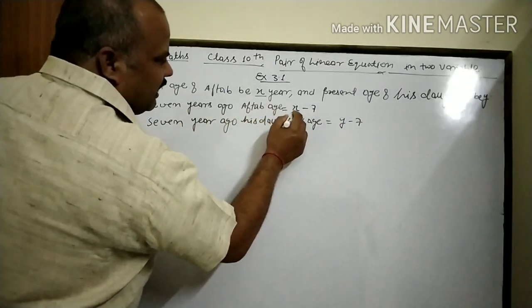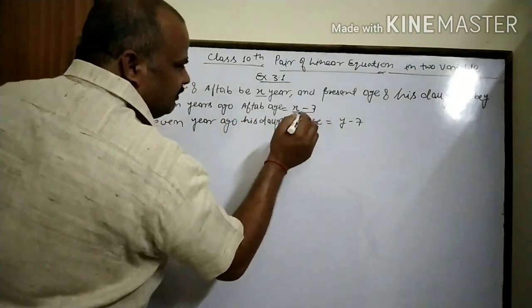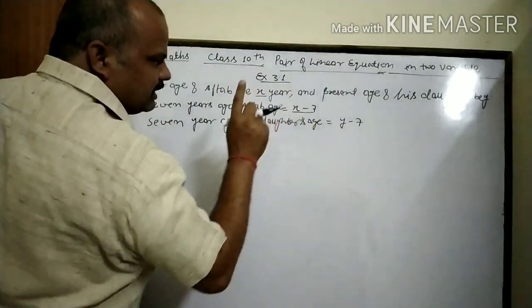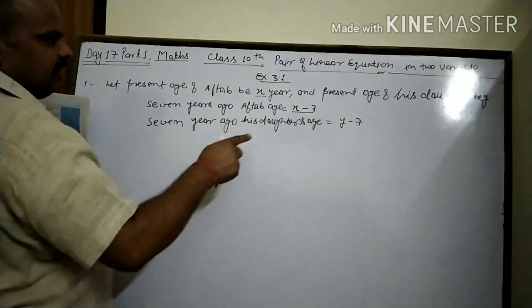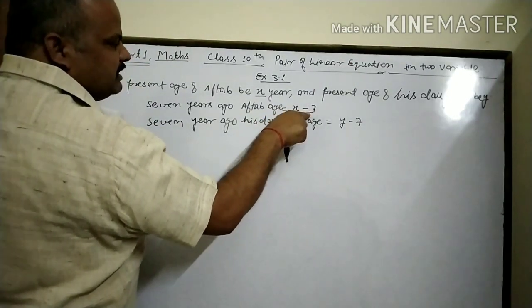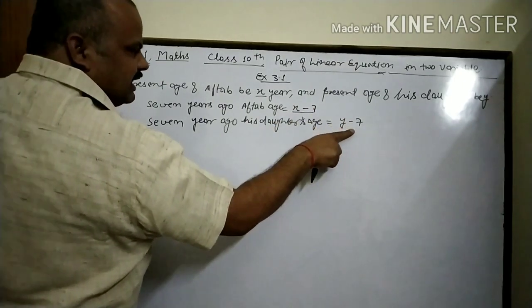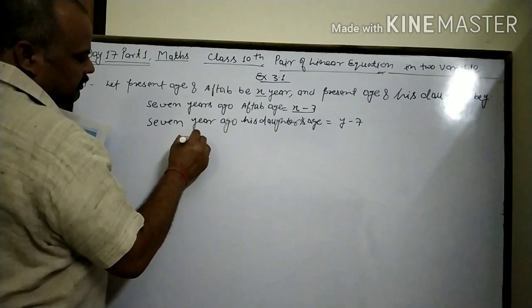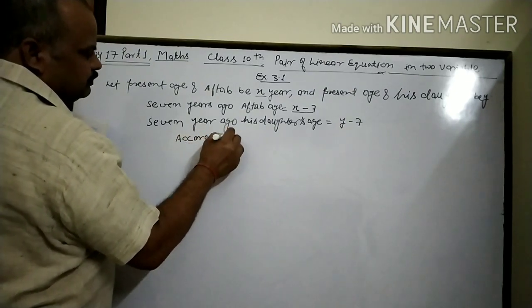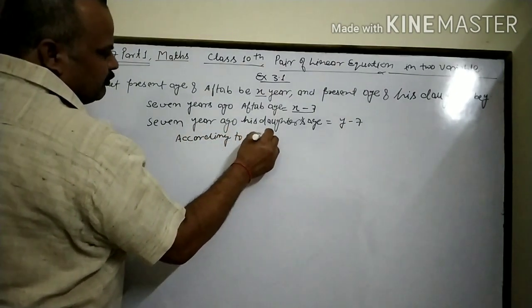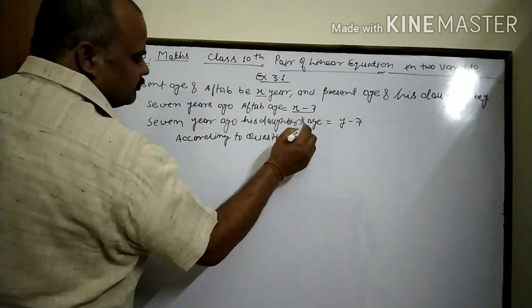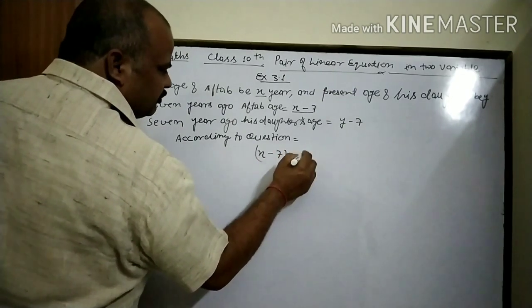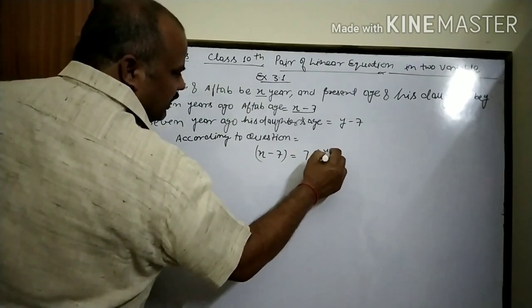It means the age of Aftab is 7 times the age of his daughter before 7 years. Then before 7 years Aftab's age is x minus 7 and his daughter's age is y minus 7. According to the question, x minus 7 is equal to 7 times y minus 7.